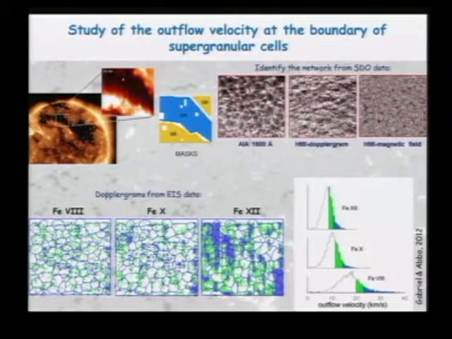And also here you see the histograms of the dispersion of the velocity in these 3 lines. And you can see there is a narrower dispersion of the pixels as a function of temperature from iron 8 to iron 12.